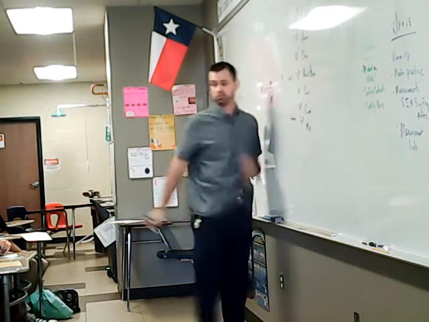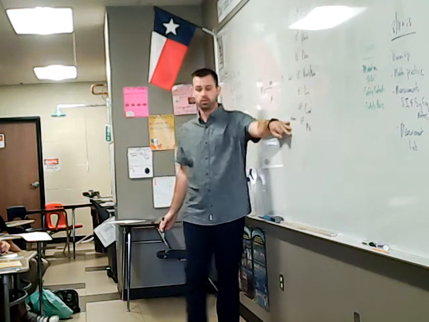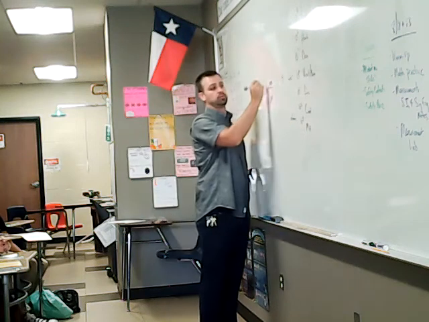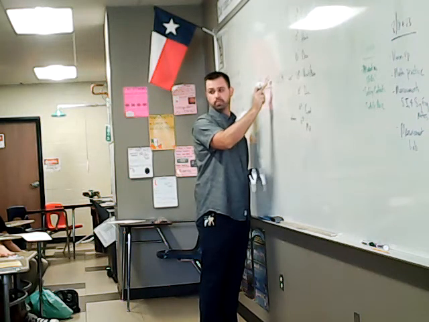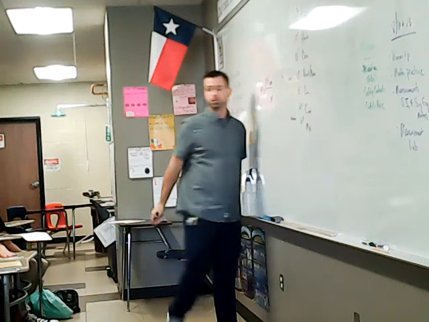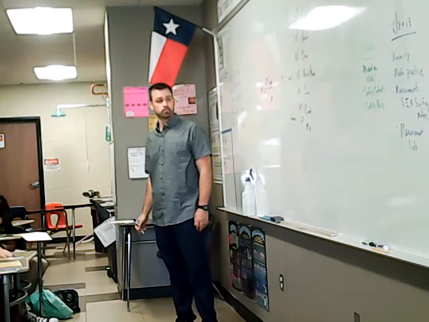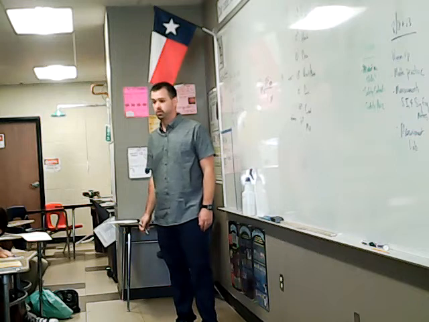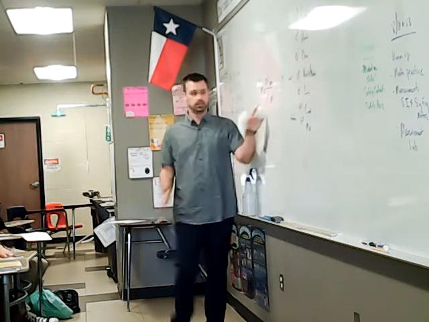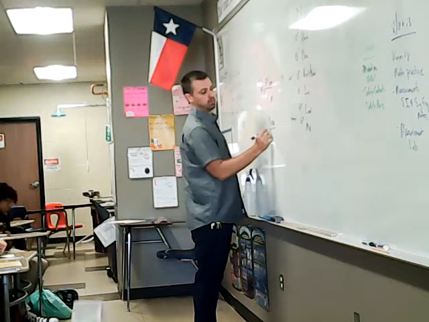That 3 tells me how many zeros I put into my measurement. So that's saying there's 1,000 millimeters in 1 meter. So now I have 4 times 1,000 divided by 1.